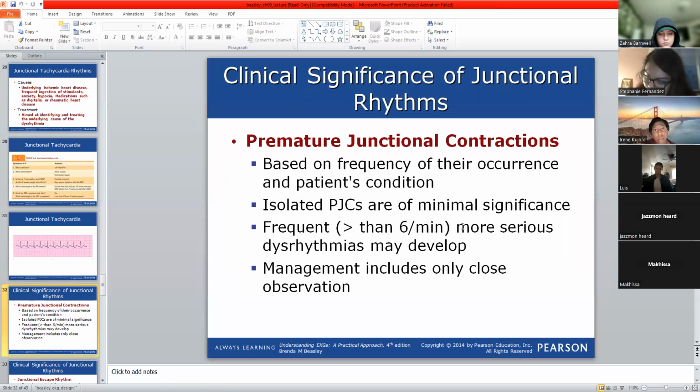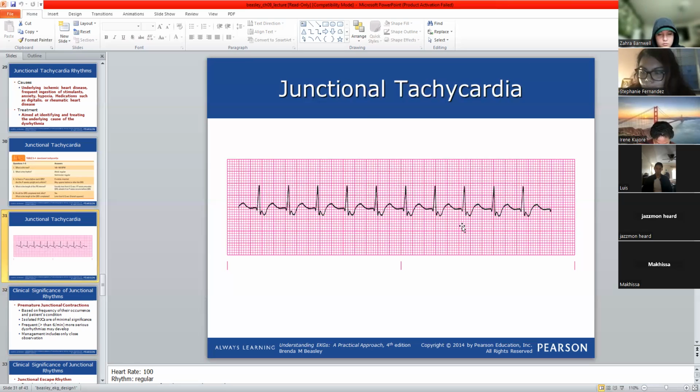Yes, ma'am. Here, it looks like a P wave. It's present in the junctional tachycardia rhythm. How can you find the P wave here? I didn't, but how can I make sure it's not the T wave maybe here? No, ma'am.